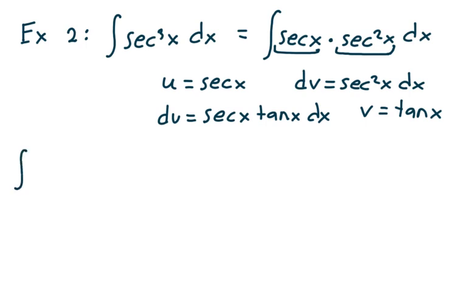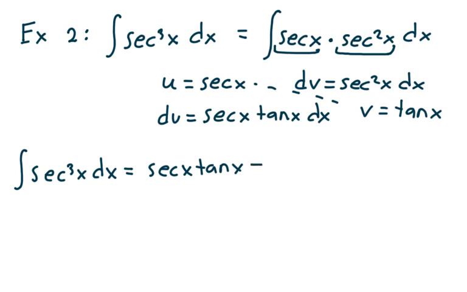So the integral of secant cubed x dx is equal to u times v, which is secant x tangent x, minus the integral of secant x tangent squared x dx.